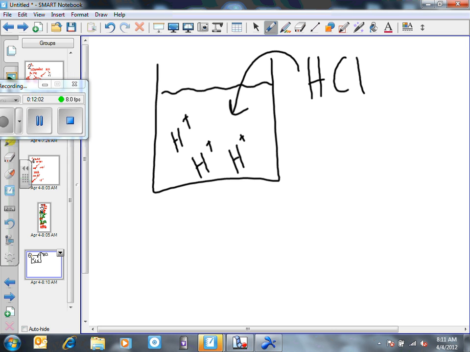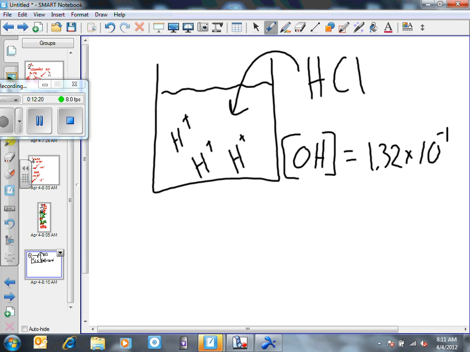And by the time we're all done, we're going to find out that our hydroxide ion concentration is equal to 1.32 times 10 to the negative 10. Okay? And so I want to figure out what the pH is of this solution. But I also want to figure out what the concentration is of the protons first.